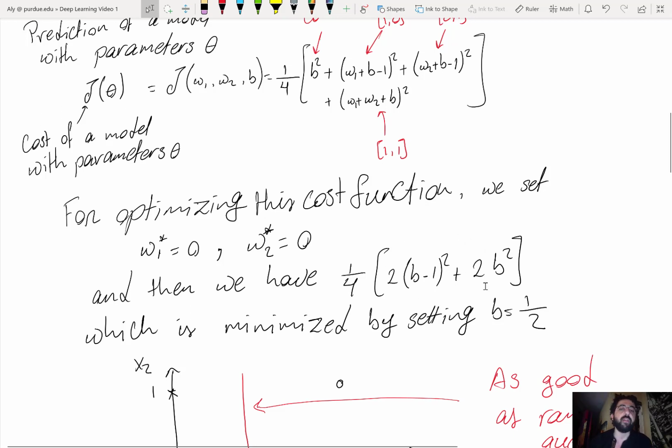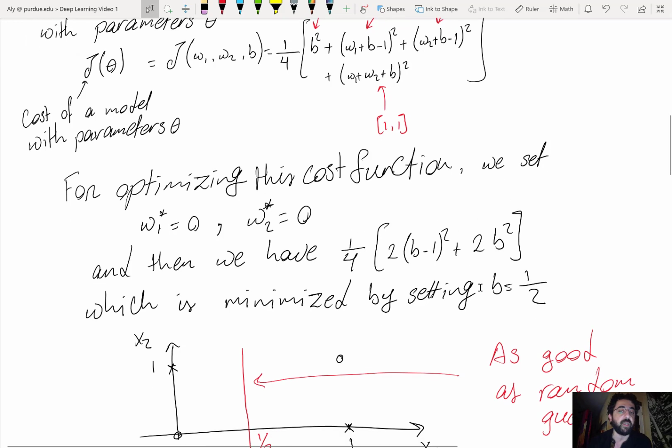So basically we will end up minimizing (b minus 1) squared plus b squared. The choice of b that minimizes this is the b that's perfectly in the middle between 0 and 1, so that you have b squared equal to half squared, and (b minus 1) squared is half squared as well. So b ends up being half.